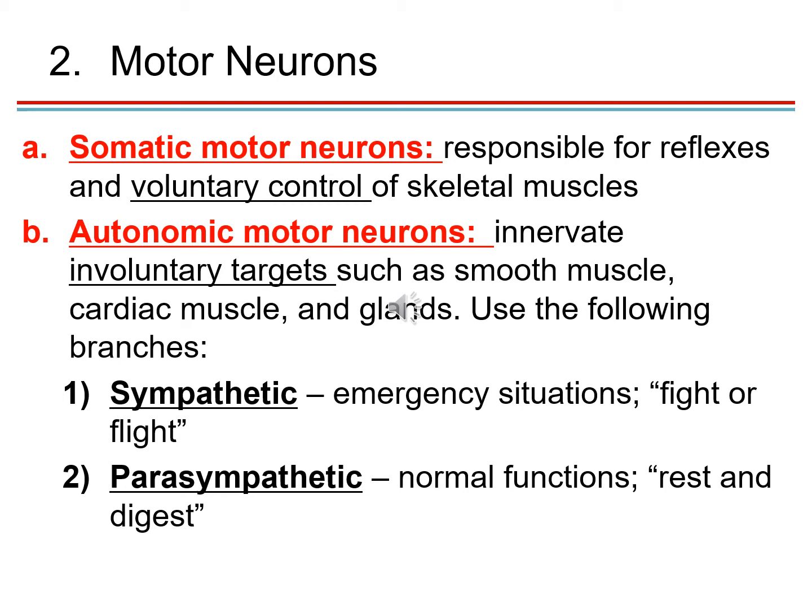Effectors or targets are the same, like smooth muscle, cardiac muscle, glands, vessels, and the list could be even larger. And it uses the following branches I mentioned: the sympathetic or the parasympathetic.